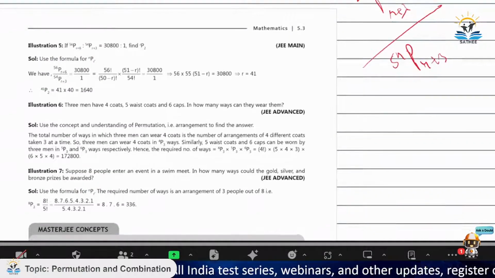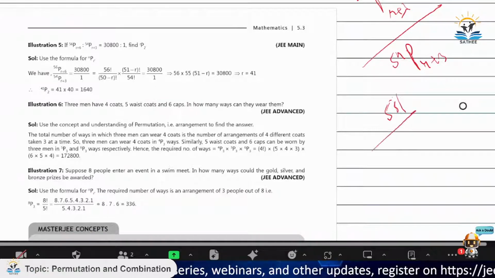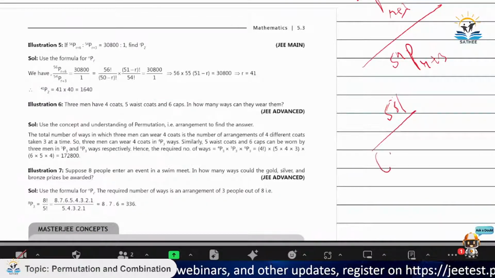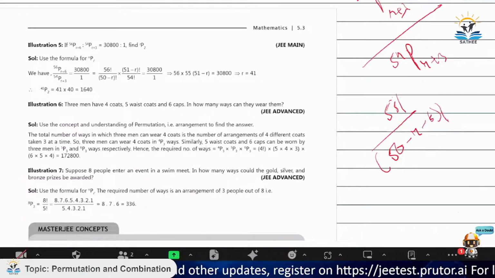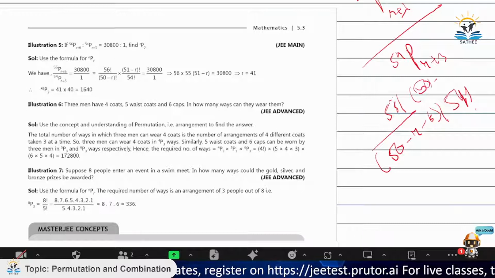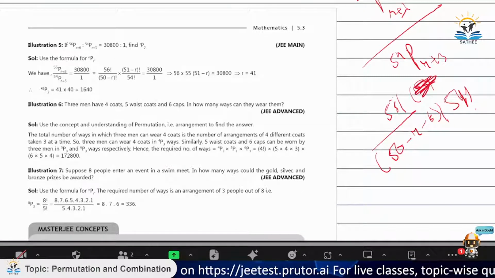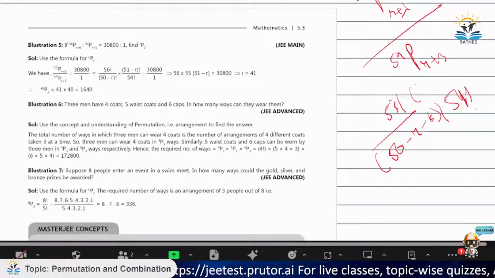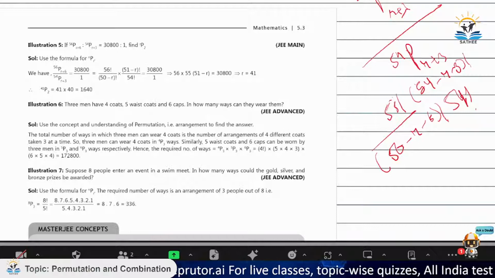The handwriting is really bad. So I have to find r basically. So I can write it as 56 factorial upon 56 minus r minus 6 whole factorial divided by 54 factorial upon 54 minus r minus 3 factorial.